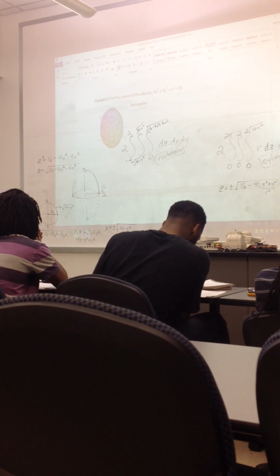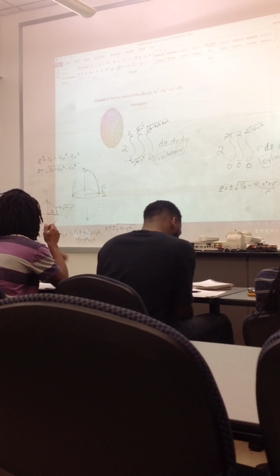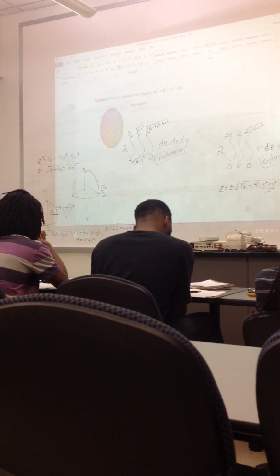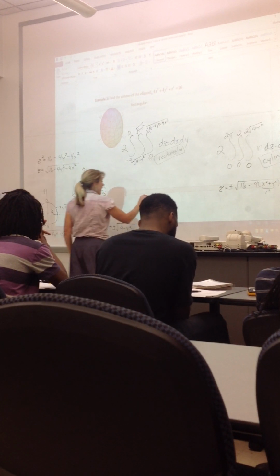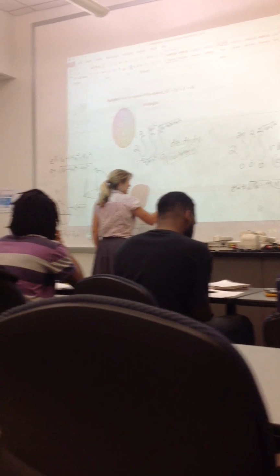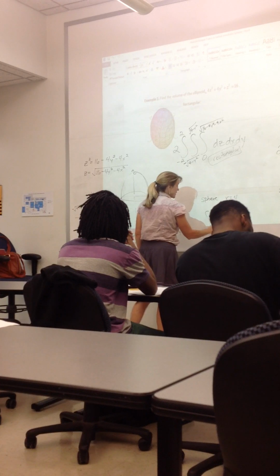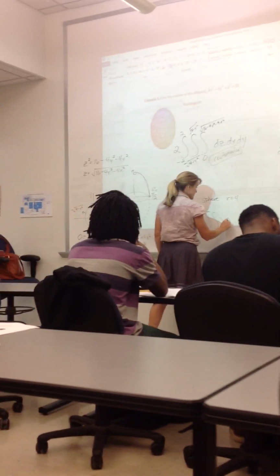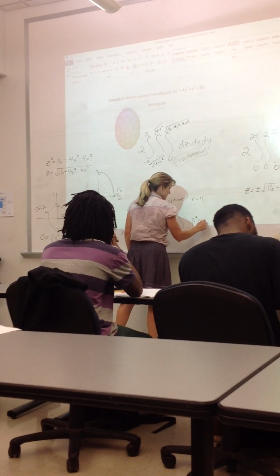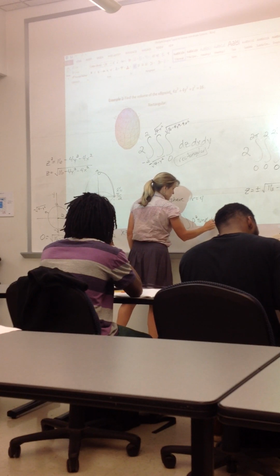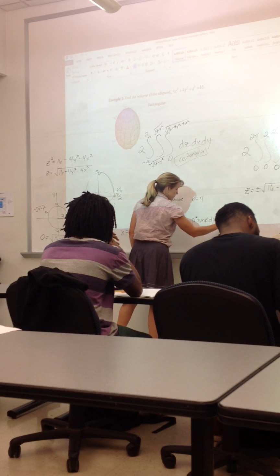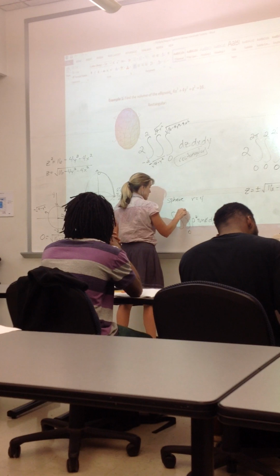The simplest shape to set up a volume for in spherical is a sphere itself. If you had a sphere with a radius of 4, the volume of it in spherical coordinates would go just rho from 0 to 4.